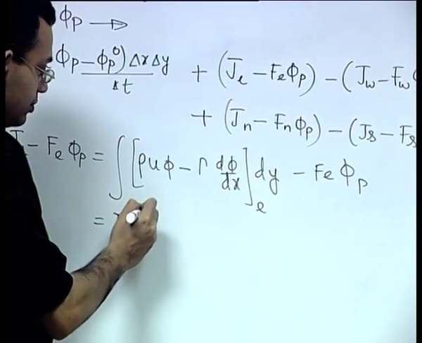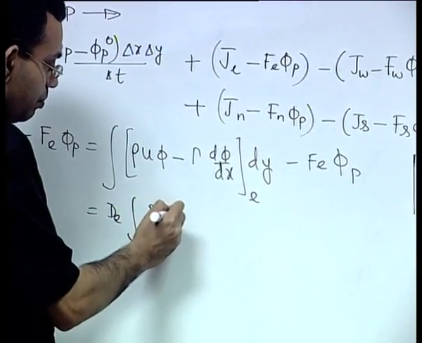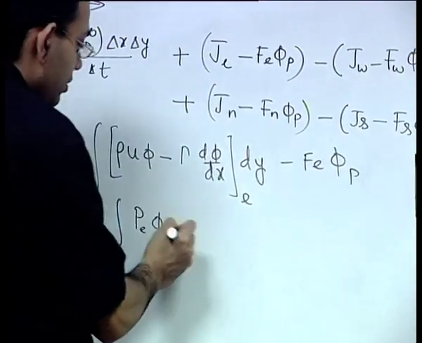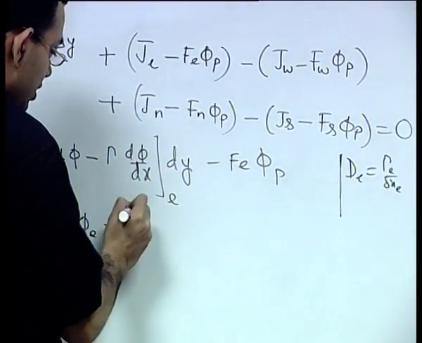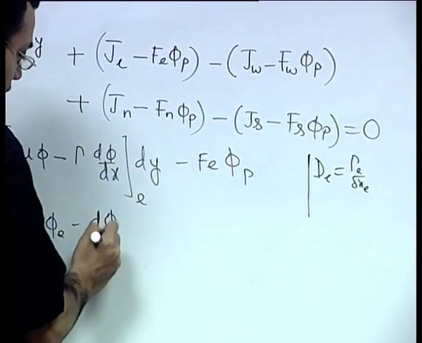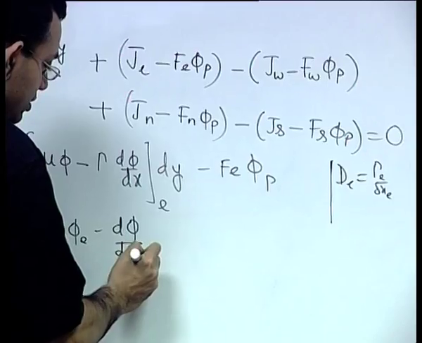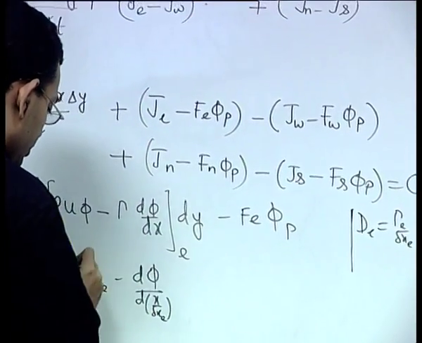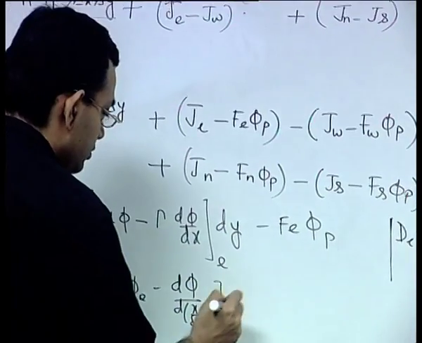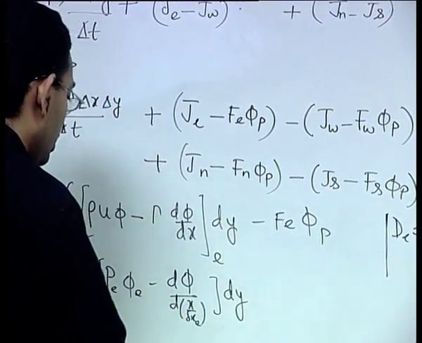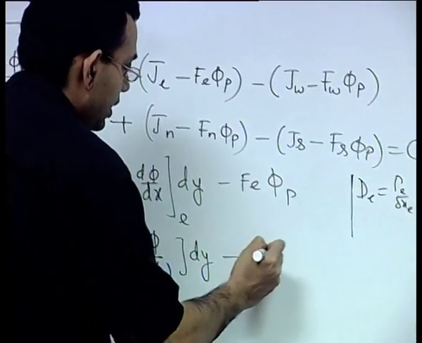it will be dE integral of Pe phi e minus d phi dx by delta xe dy minus Fe phi p.